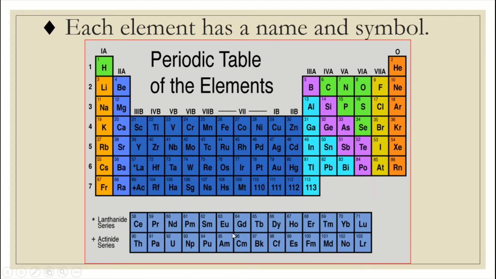So these symbols have their corresponding names. Boron, aluminum, silicon, gallium, arsenic, copper, zinc, nickel, iron.